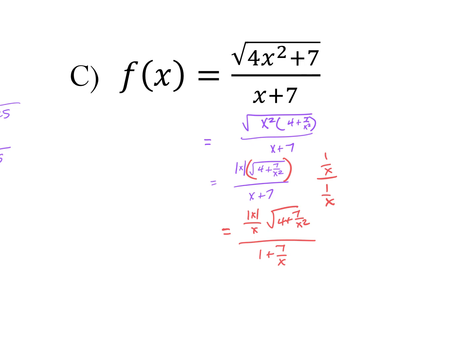Believe it or not, we're done rewriting the f of x. So now we're just going to take the two limits as x is approaching infinity and as x is approaching negative infinity. So the limit as x approaches infinity of this big thing, we have absolute value of x over x. All right, so this is what we're trying to take.